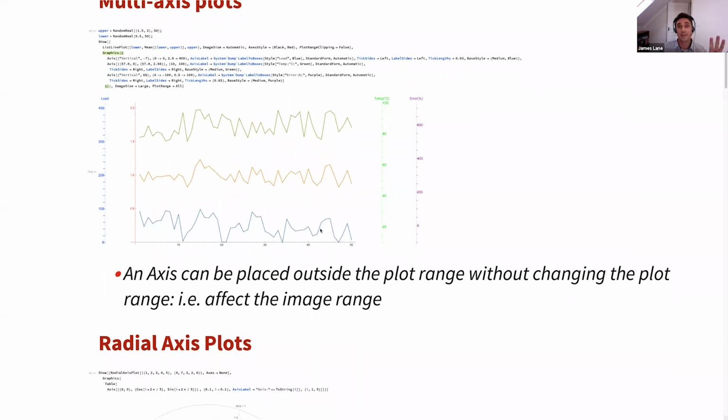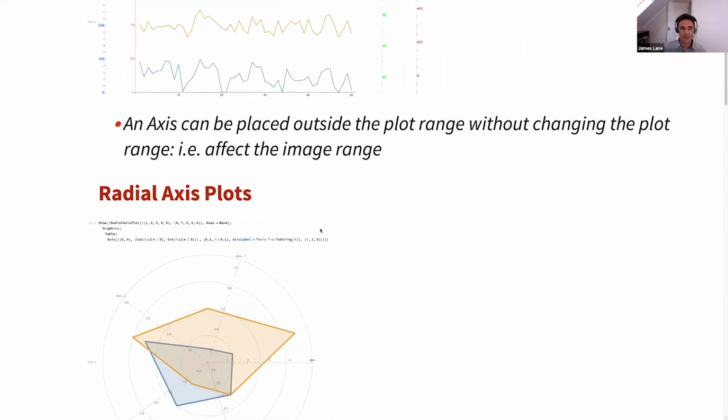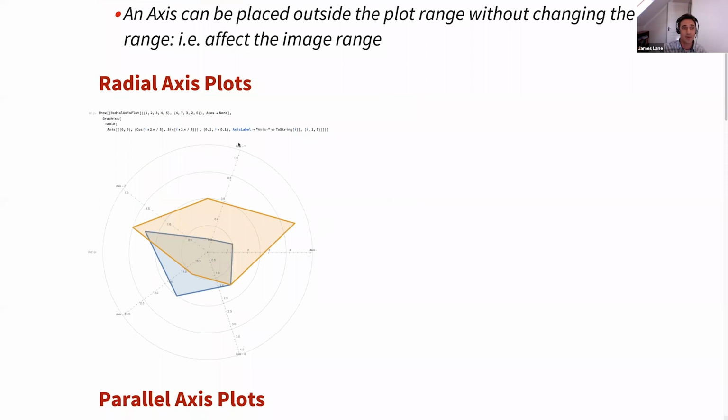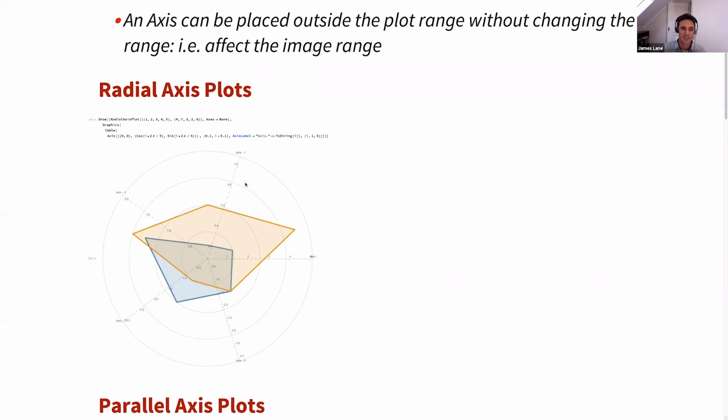You can place them, they won't be cut off by the plot range, but they will influence the image range. These are very useful for radial axes plots. You can see these sloped axes coming in, and they can be quickly pulled together. I just put a little example together where I've got a table of axes putting all these different axes around, which is really neat.